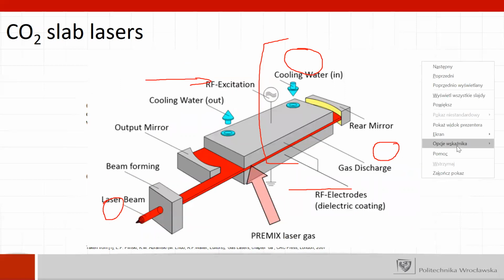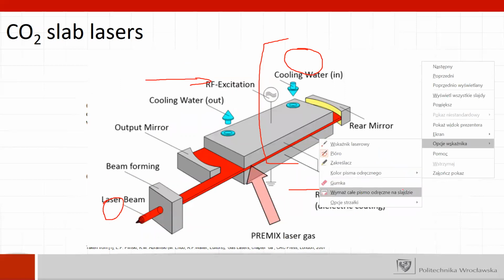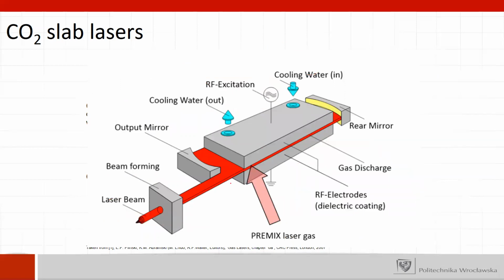And in case of the waveguide lasers, sometimes a construction based on an unstable resonator is used. This is something that you can see here. So we have the slab, with the top layer and the bottom layer of the ceramic.